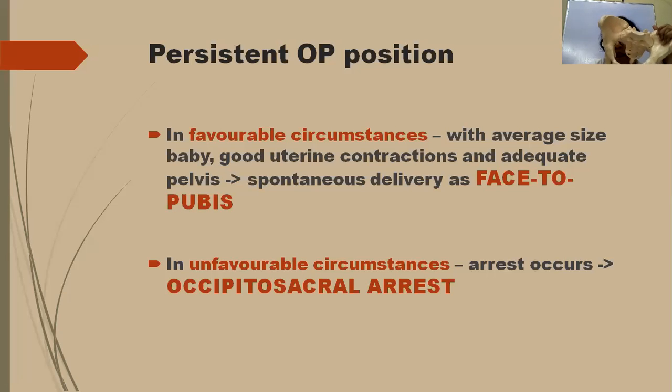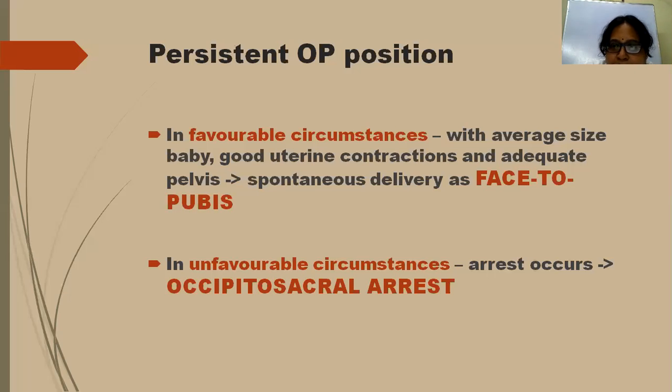See, this nose will hinge under the symphysis pubis. Flexion will occur and delivery will happen like this by extension. Delivery of the head by extension. Like this, it will extend and the baby will be delivered. That kind of delivery is face to pubis delivery, where the face is upwards.